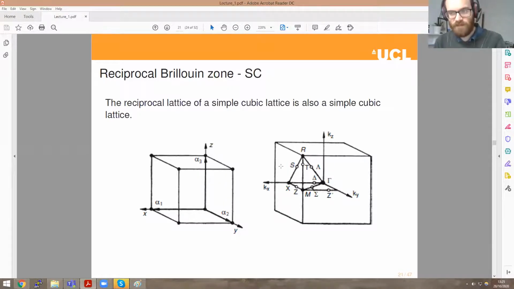But there is one distinction in that it's conventional to think of the unit cell as having the coordinates defined at the bottom corner. But people always conventionally define the reciprocal space cell with the coordinate system in the middle. So this is a distinction that could be a bit confusing. But that's part of the reason that these reciprocal lattices often don't look exactly the same as the real space lattices, just because the coordinate system is shifted a bit.